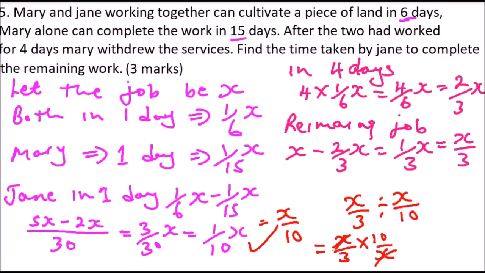So x disappears, and this will give you 10/3, which is 3 1/3 days. So Jane will take 3 1/3 days to complete the remaining job.